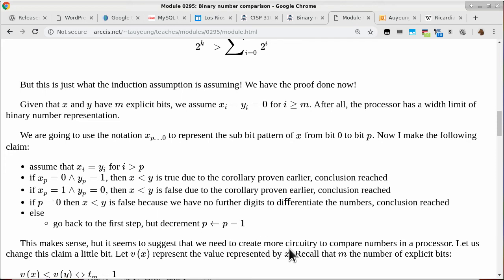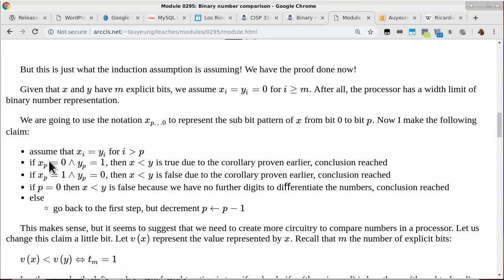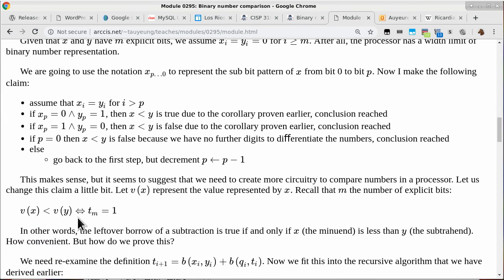What does this have to do with what we have done already? So let's check this out. This is only expressed by the individual bits, and this is what I want to claim. So the claim, I use the notation v of x to represent the value represented by x. x is a binary number, and v of x is the value represented by the bit pattern x.